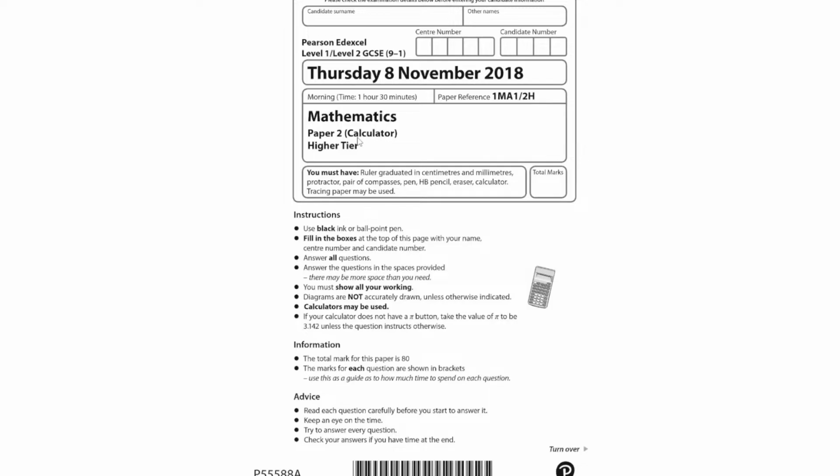So if you're happy to swap it for paper 2, we'll do paper 2 instead. Swap the name as well. Yep. Alright, let's do that then.